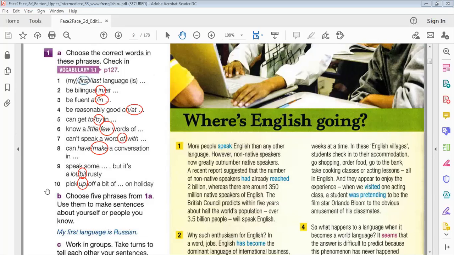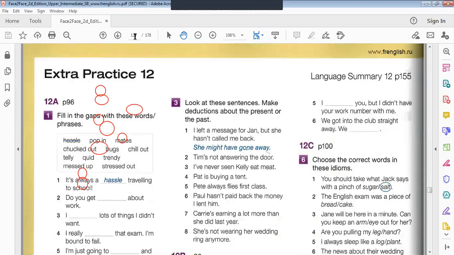I'm not sure about 4, and I think 4 maybe be reasonably good on or at. Yeah, I'm confused in 4 and also maybe 8. Okay, let's take a look. So let's check. So here we have page 127. Let's take a look.